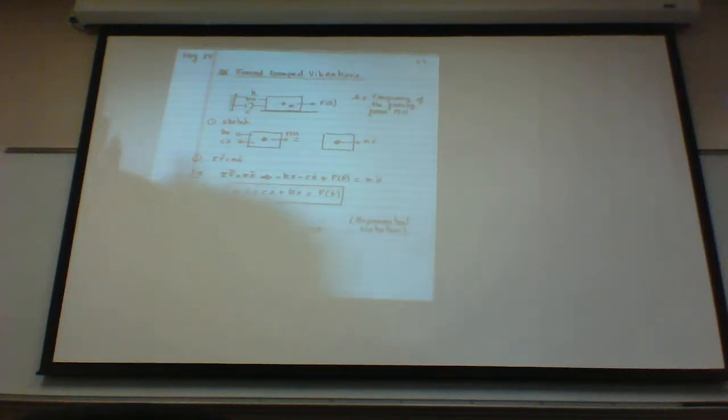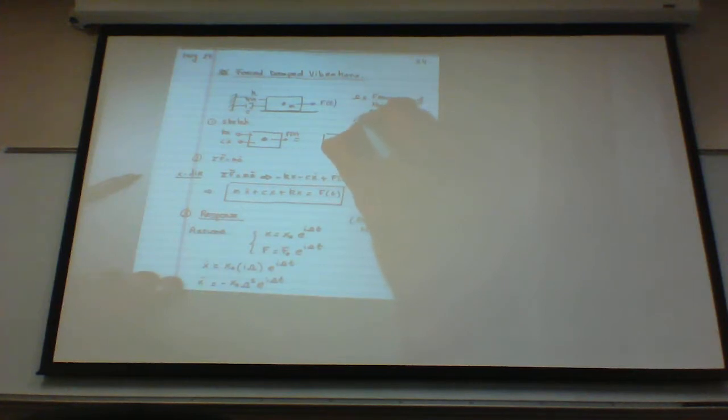So basically, f of t here we assume is harmonic, so it could be some type of this function, and this one will have a certain frequency.